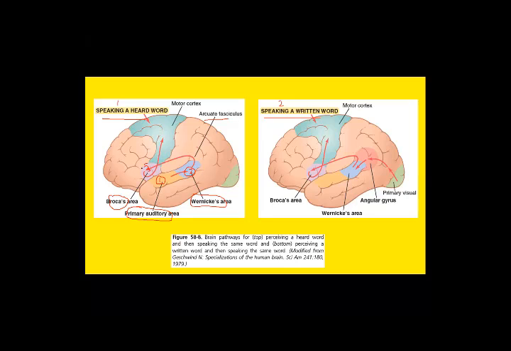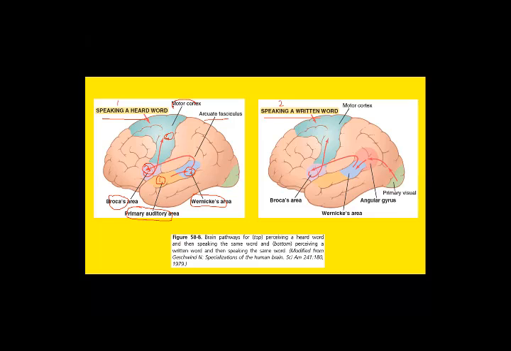So this is the third relay station, the site for the motor speech area, Broca's area, and the signal will be transmitted via the arcuate fasciculus. From Broca's speech area, the impulse will be processed further towards the motor cortex.